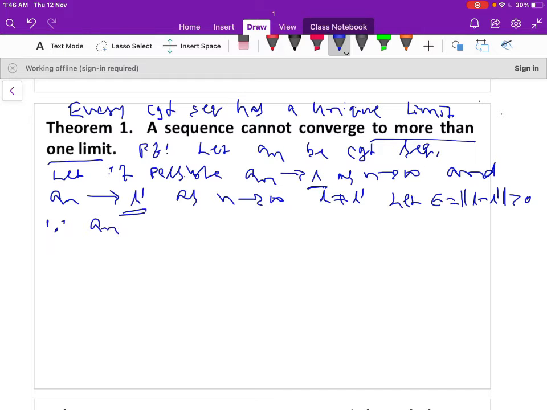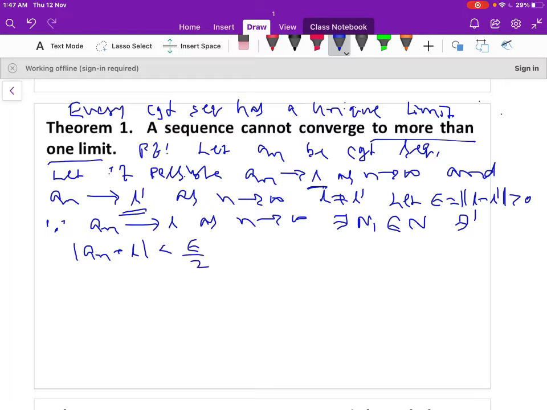Since a_n converges to L as n tends to infinity, there exists n1 belonging to the natural numbers such that the modulus of a_n minus L is less than epsilon by 2 for all n greater than or equal to n1.